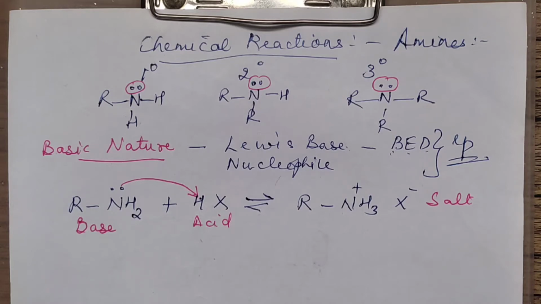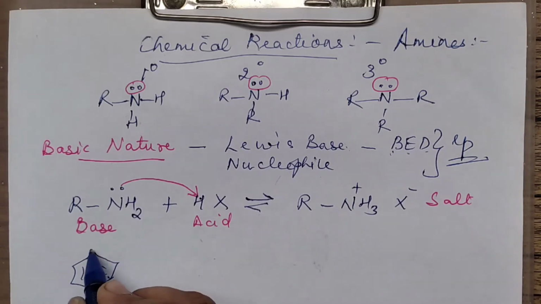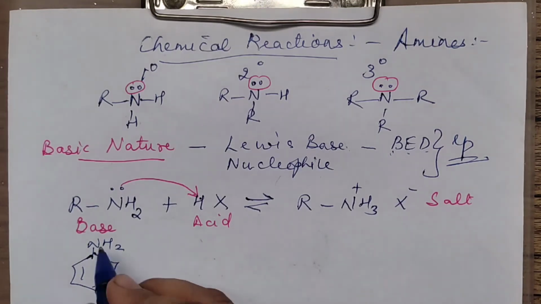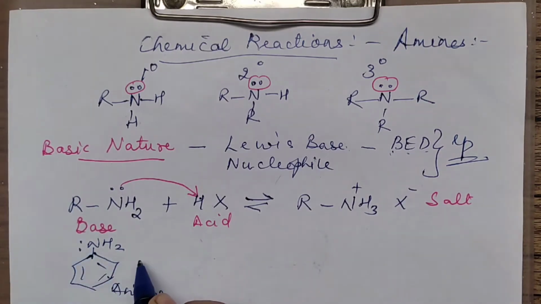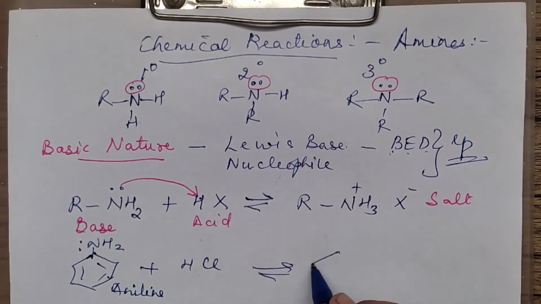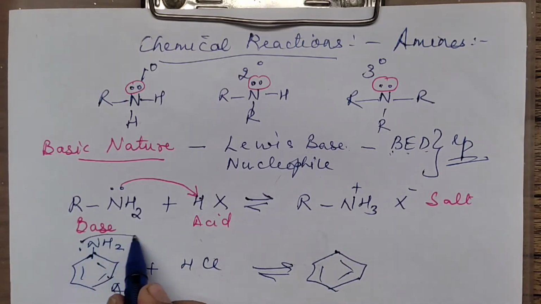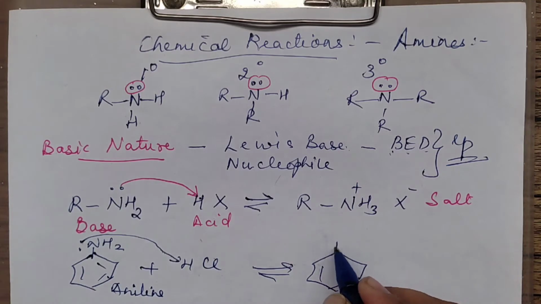Fine. Now, we can apply the same thing to the aromatic amines also. So in case I am taking an aromatic amine, that is aniline, ArNH2, this is aniline. So aniline also has a lone pair of electrons on N. If we treat this with HCl, this will be a reversible reaction, and this H will get attached to this N through that lone pair.